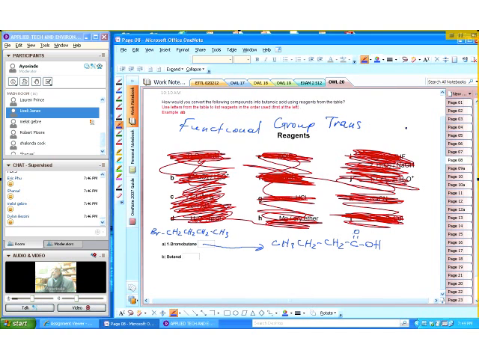Let me see if I can help you out here. Do you know of any method that you can use to make this carboxylic acid? Supposing you could start with any starting material, how will you make this?